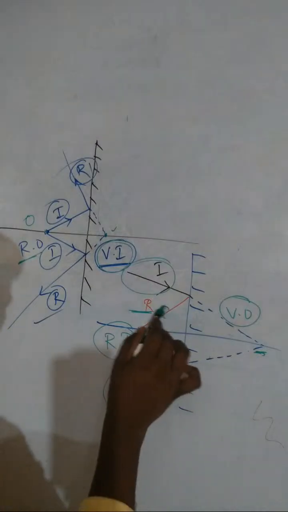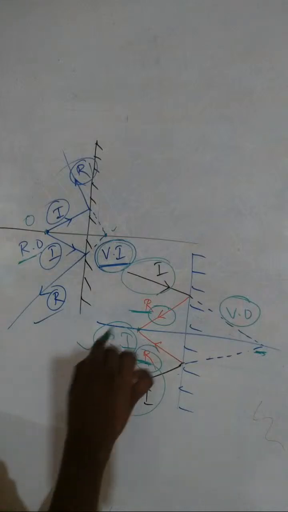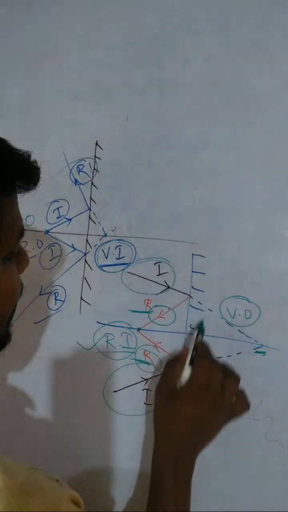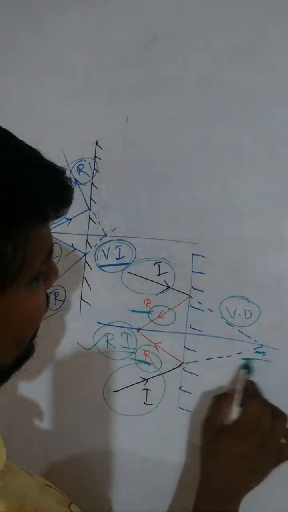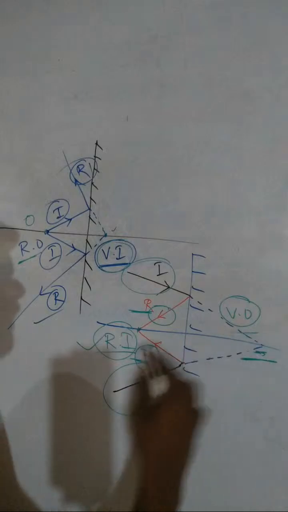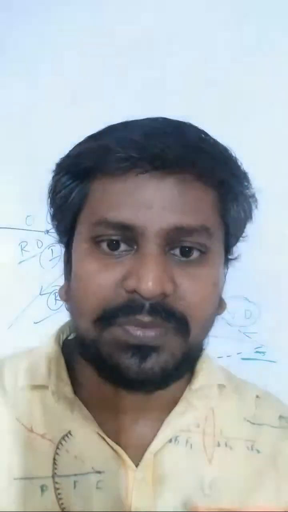The actual reflected light rays are meeting at one point. That is called a real image. Here, if you extend the incident rays, those incident rays meet at one point, and that is a virtual object. I hope it is very clear.